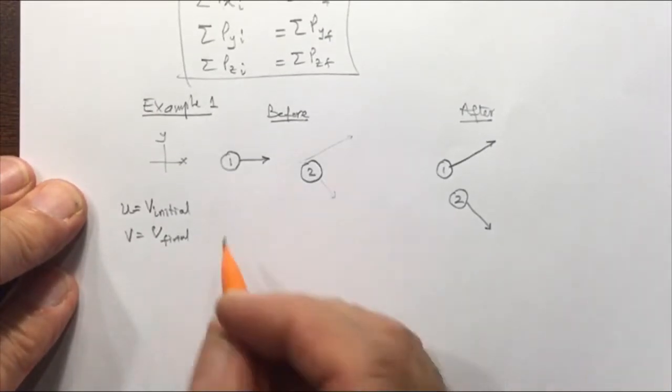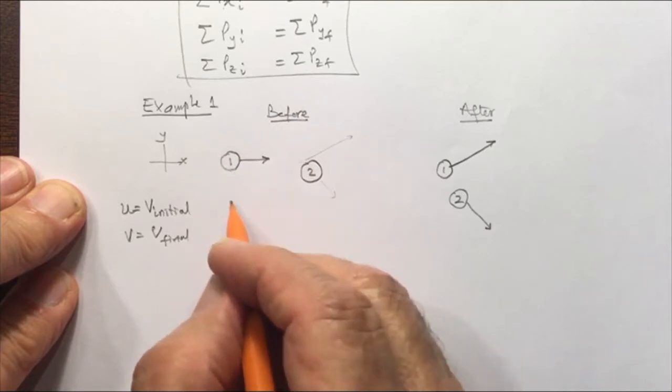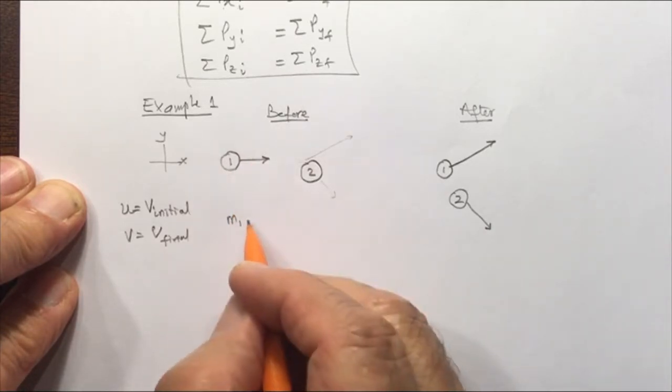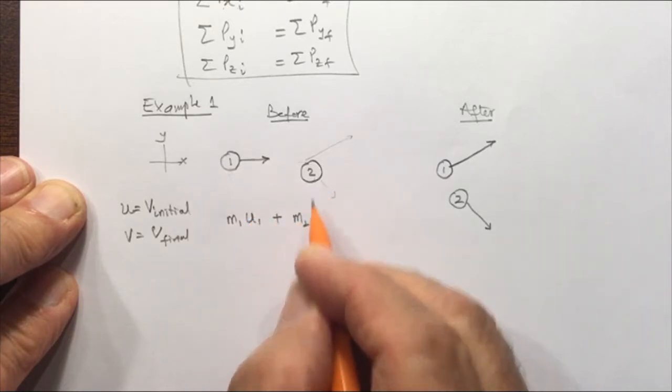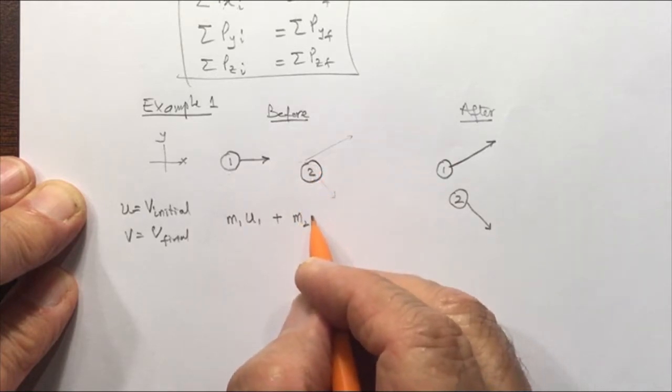So the initial momentum is going to be, well, we need an m1 here. So its mass is going to be m1, and this velocity is u1, plus m2 for the mass of this one times the velocity of this one, which is going to be 0.